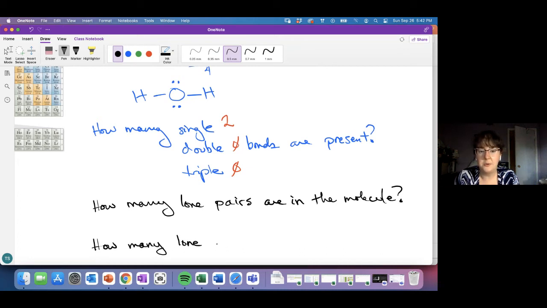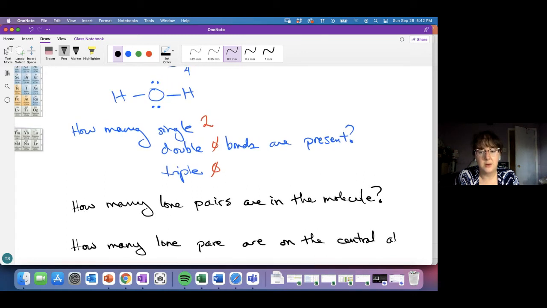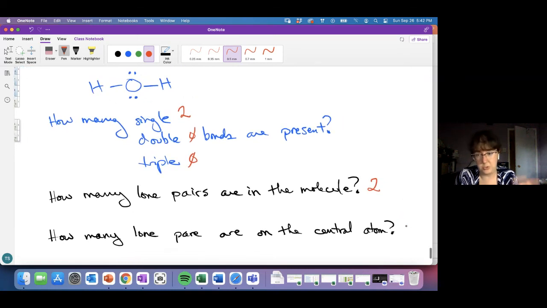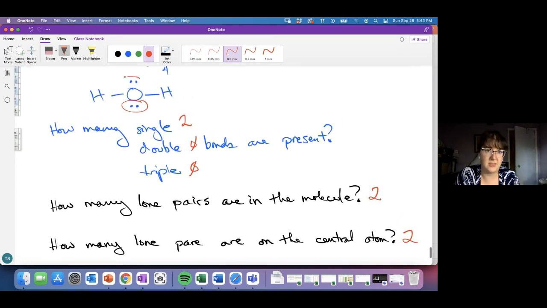I could ask how many lone pairs are on the central atom. And for what we just drew, for water, this is the same. The entire molecule just has 2, and those 2 just so happen to be, this is a lone pair, by the way, and this is a lone pair. So for this particular molecule, lone pairs on the central atom and lone pairs on the molecule are the same.